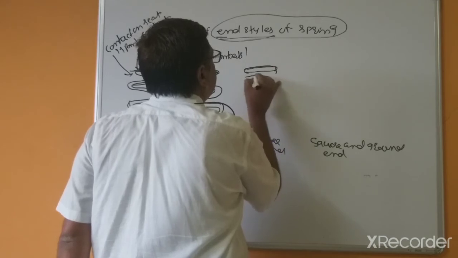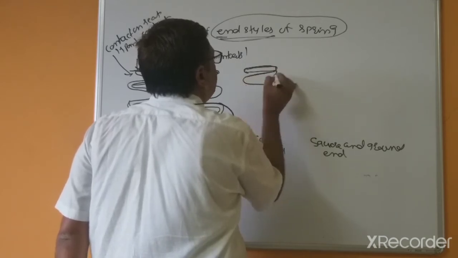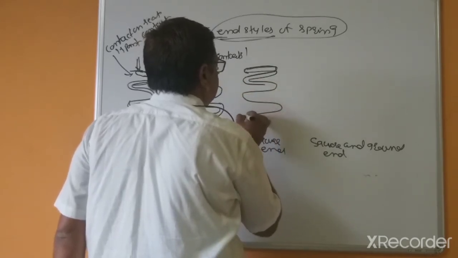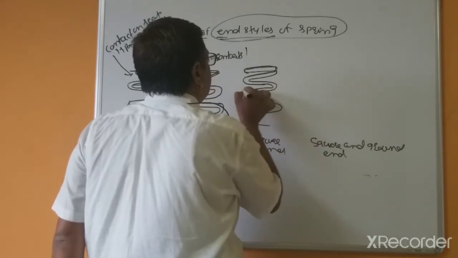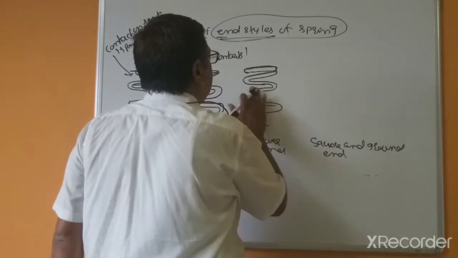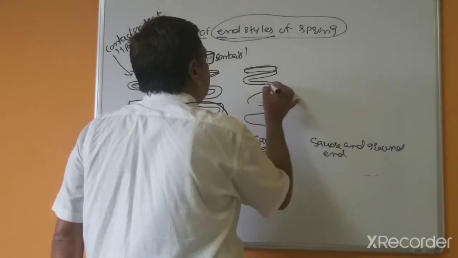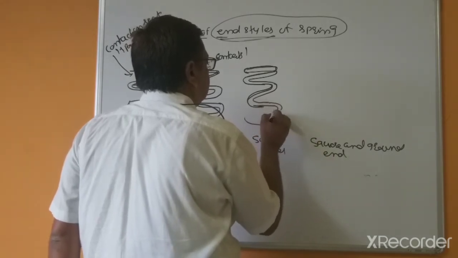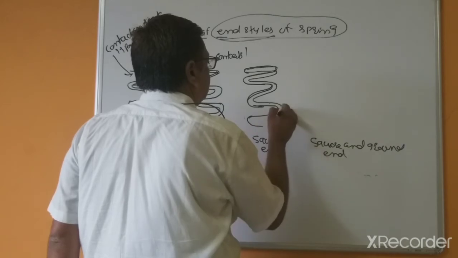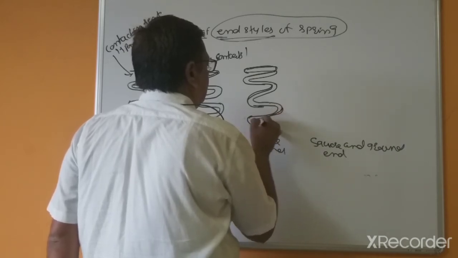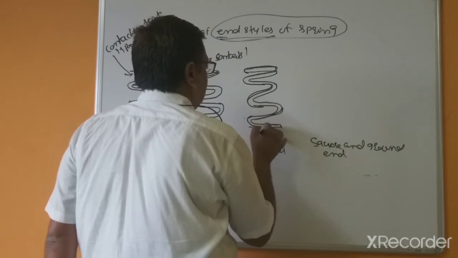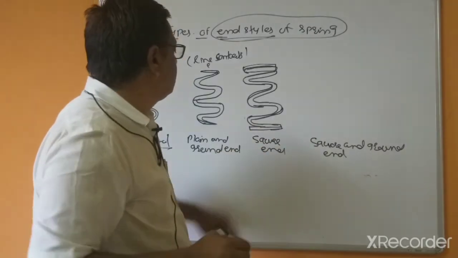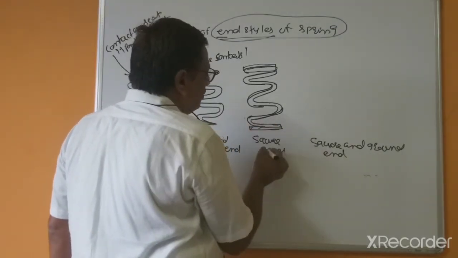Such types of springs are called square ends.